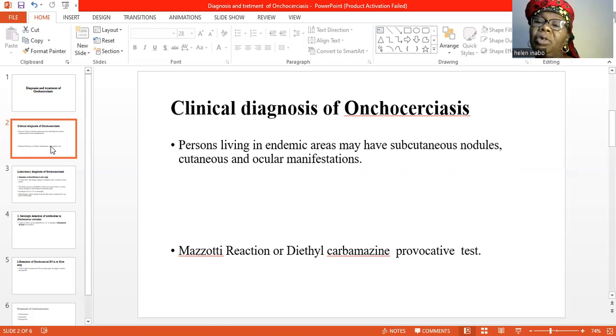Following the administration of this medication, reactions observed, such as exacerbation of the pruritus or itching, as well as the dermatitis, is suggestive of onchocerciasis.